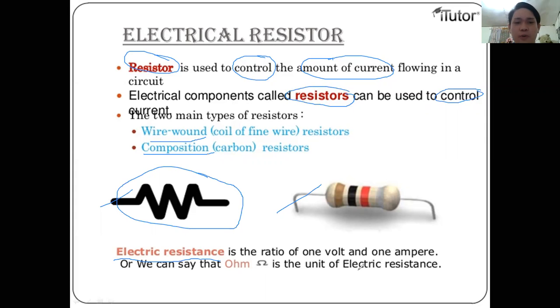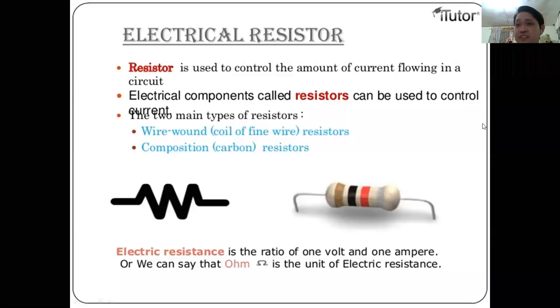The SI unit of measurement for electrical resistance is the ohm, symbolized with this symbol. I want you to remember the symbol of ohm. That is all about the electrical resistor.